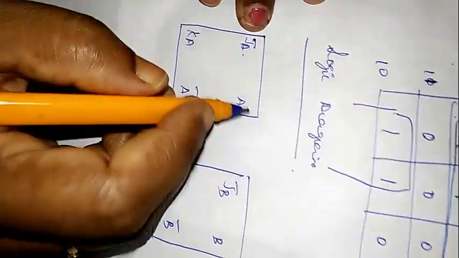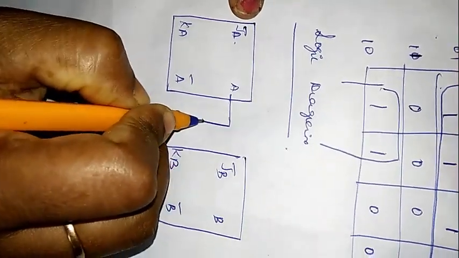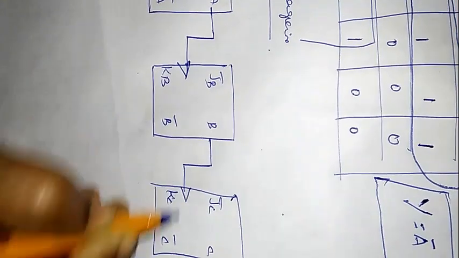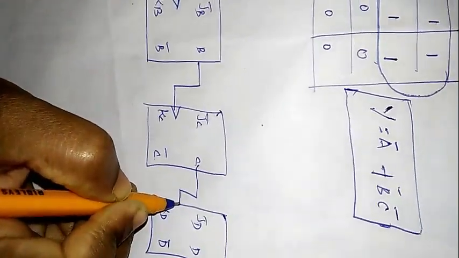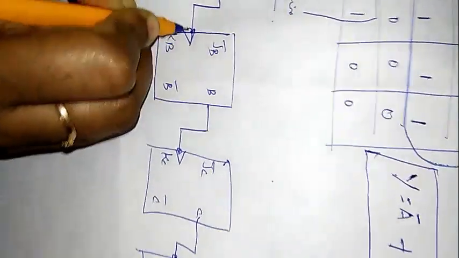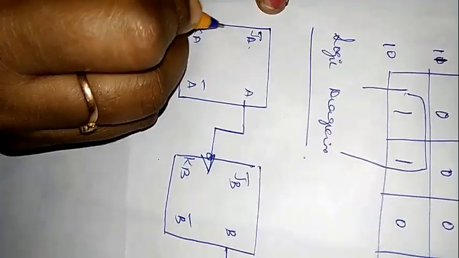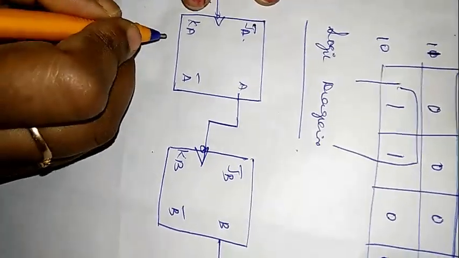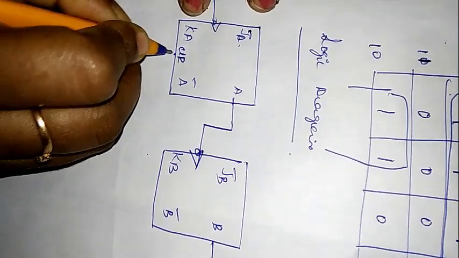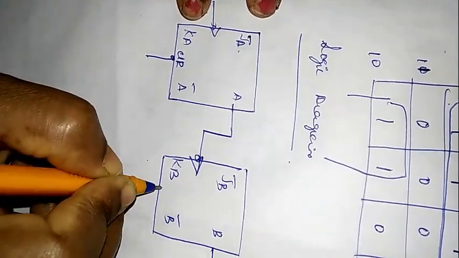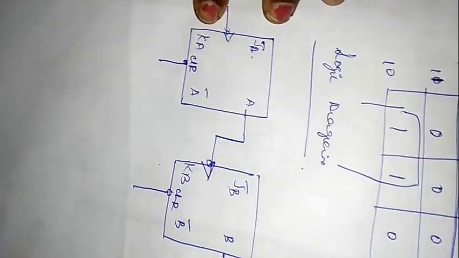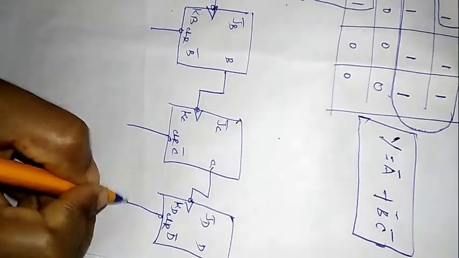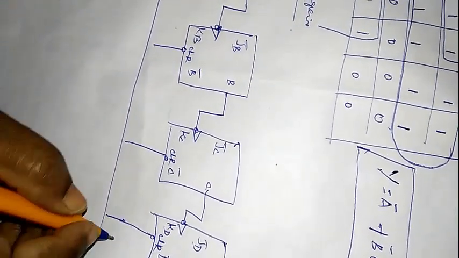So I have to signify the asynchronous counter. So this is my clock pulse. Since it's an asynchronous counter, let me do the basic justice.